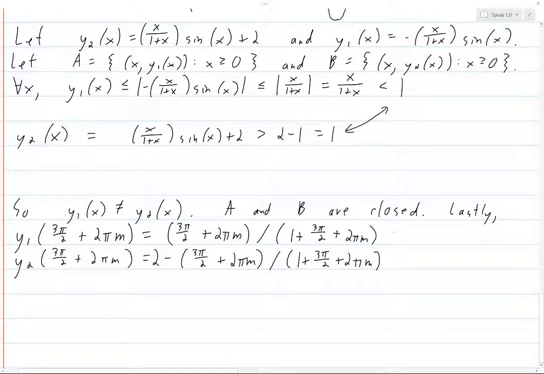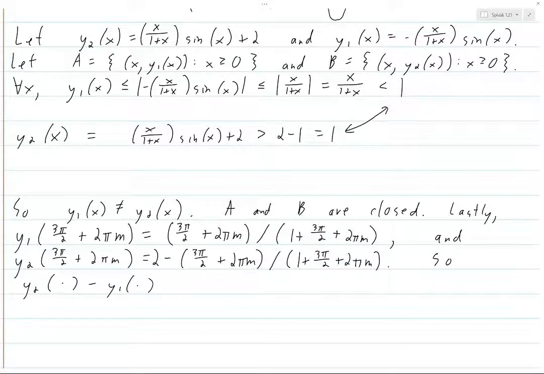But if we take the limit as m goes to infinity, this is going to go to 1. Well, wait, what we really need to do is take y2 of that minus y1 of that. When I just put this dot, I mean to write 3 pi over 2 plus 2 pi m, but I don't feel like writing that out again.